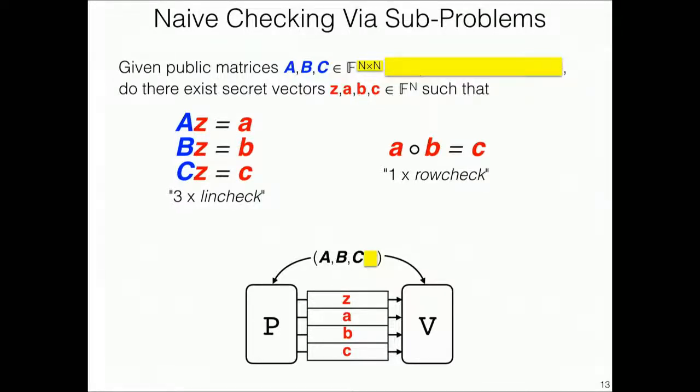All I've done is translate what I was checking before into 4 subproblems that are equivalent to it. Before I had AZ times BZ equals CZ. Now I'm just telling you what the results are of those products, and I'm checking that the linear transformations on their own are fine, and then the product is fine. I'm just saying that I can break it into subproblems.